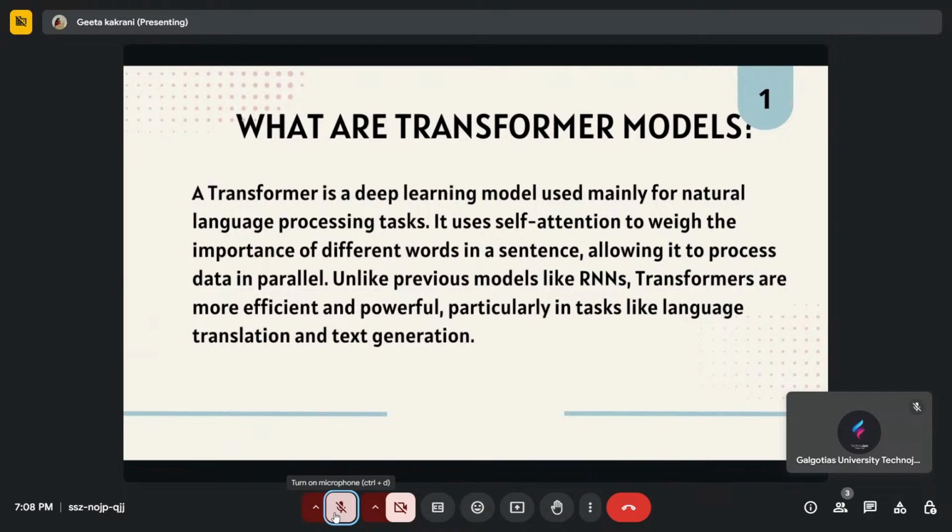But NLP is really old, and we have been using it for many years. So obviously NLP is very important. What is NLP? NLP means natural language processing.